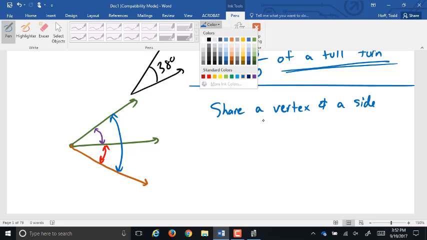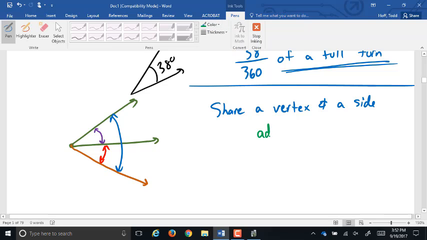These are what we refer to as adjacent angles. Adjacent means touching or in contact with or next to. These angles are next to each other. They're touching. They share a side.